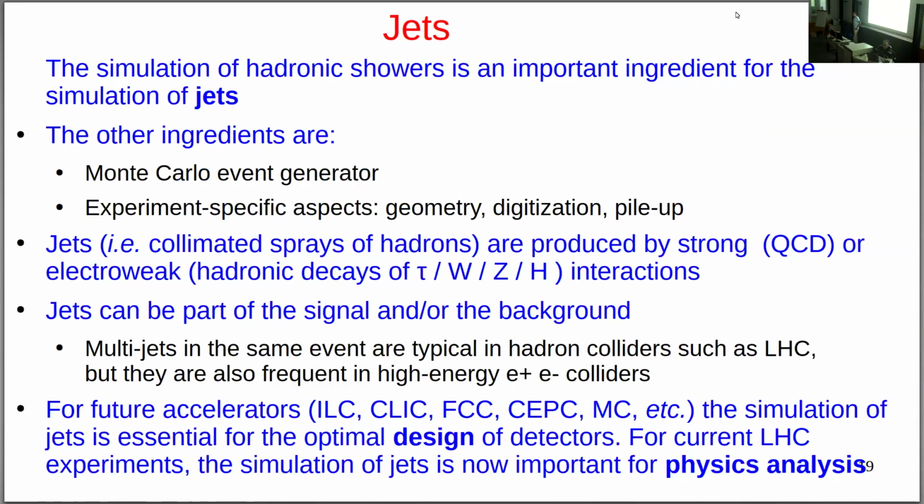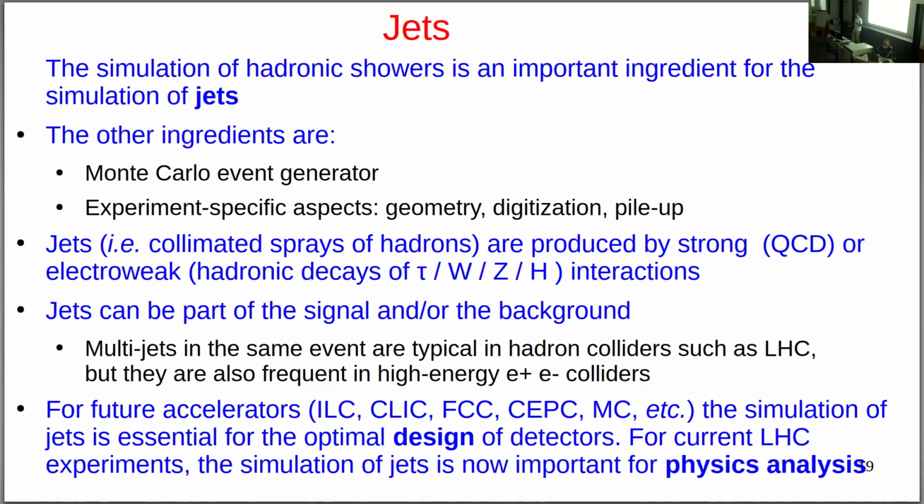Why is it important? Well, this is more for high energy physics. These hadrons, of course, are important for the simulation of jets. So jets are essentially a narrow spray of a bunch of hadrons, and the simulation of a jet is the convolution of the simulation of the hadronic shower for each of these constituent hadrons.